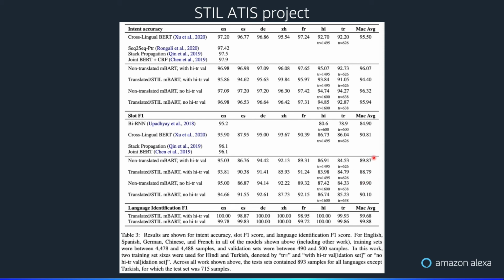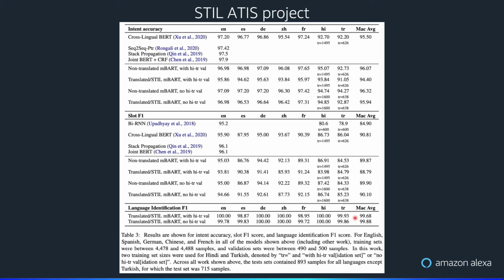So there is a degradation, but it's not so bad that it means this task is out of consideration. It's a little bit of a degradation, but still very promising results.